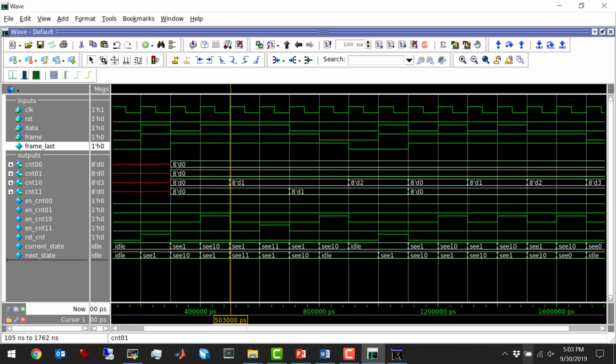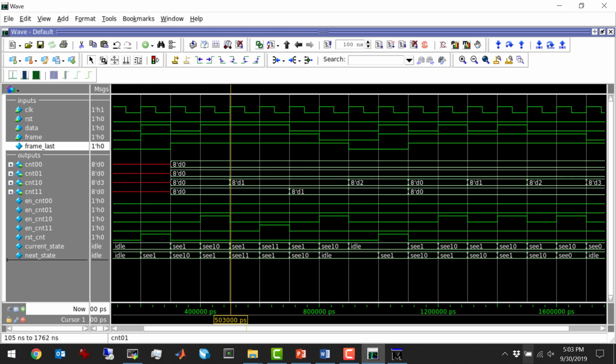But according to this, it happens exactly at the same time. You don't see that there's a causal relationship between the clock and frame last because there's no delay there, right? In reality, you'd have propagation delay. It would respond to the rising edge, but you wouldn't see frame last go high immediately.